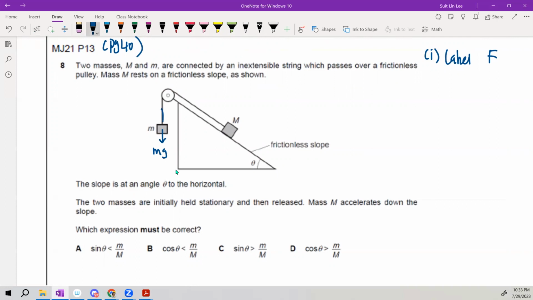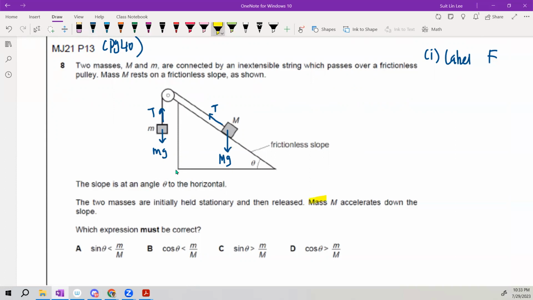There's also tension here, but tension is the same as this tension. So they cancel out. But unfortunately, this capital Mg is also pointing downwards. Sadness.